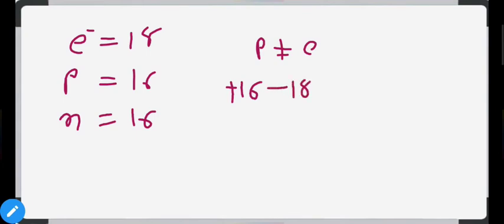One proton is plus 1, one electron is minus 1, so the actual charge of this species will be minus 2. That means this is not an atom, this is an ion.